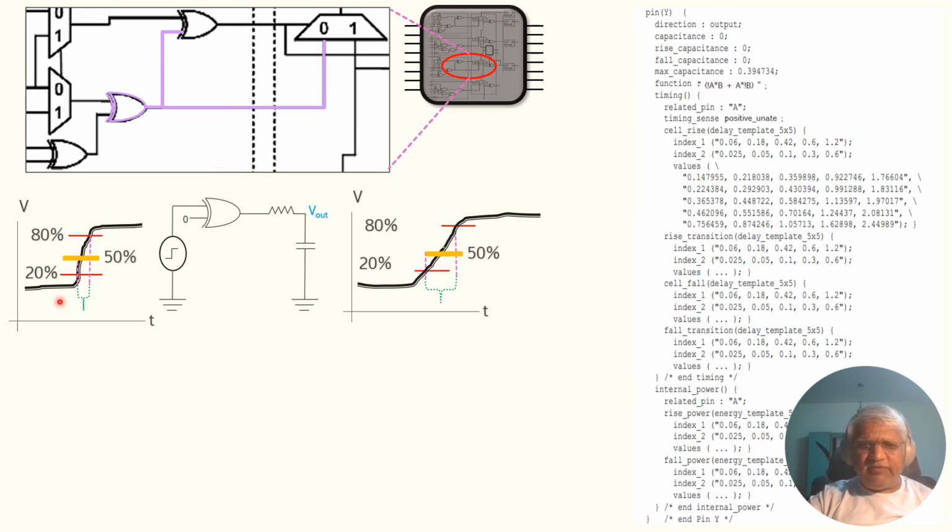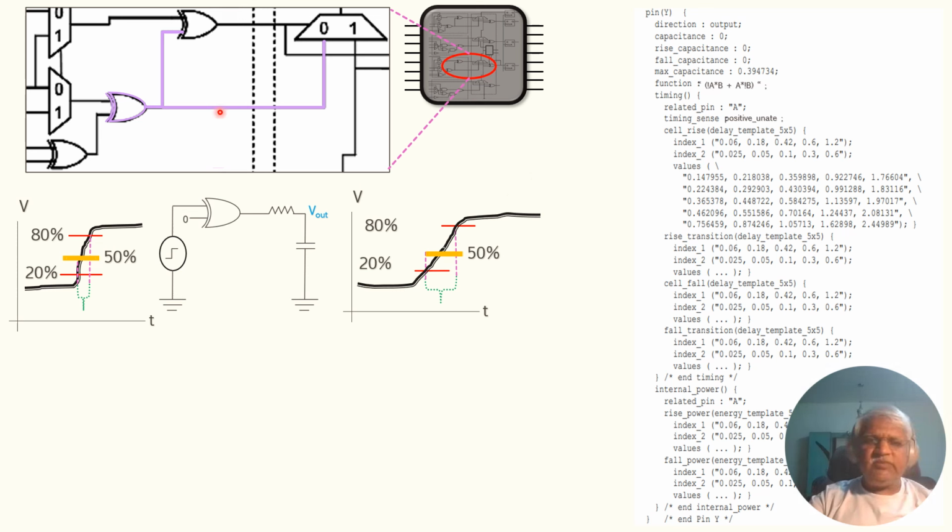Thus, for different input transition and output load situations, the delay values are mentioned, in this case cell rise, and rise transition values, 20% to 80%, are mentioned too. Based on these data, the tool will evaluate the output transition value, which is later used as part of the design rule checking.